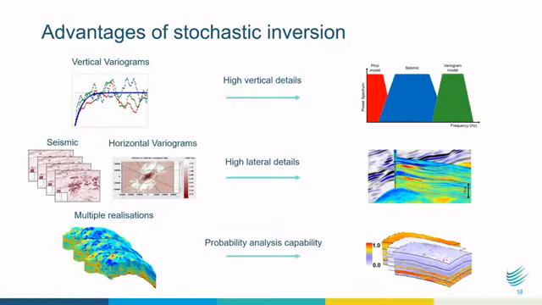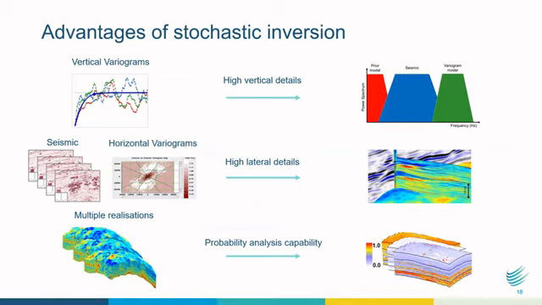So to summarize what I said previously, stochastic inversion has several advantages over deterministic inversion and classical geomodeling in estimating reservoir properties. The first is high vertical detail, which is achieved by using vertical variograms parameterized using well data, using well logs.